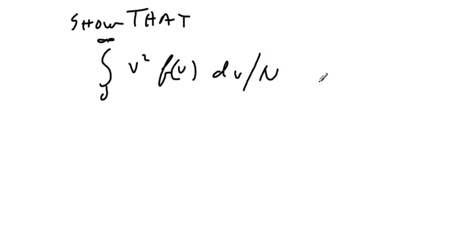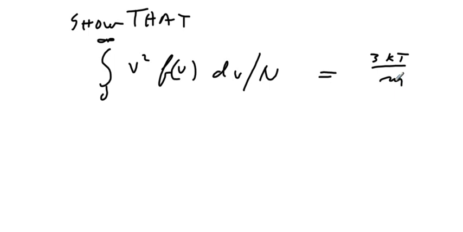So now that that went so well, we're going to show that the integral from 0 to infinity of v squared times the function of v, dv, divided by N is equal to 3kT over m. So that's what we're showing this time.